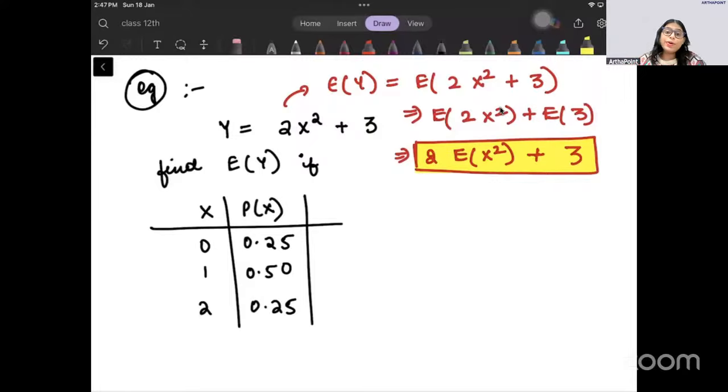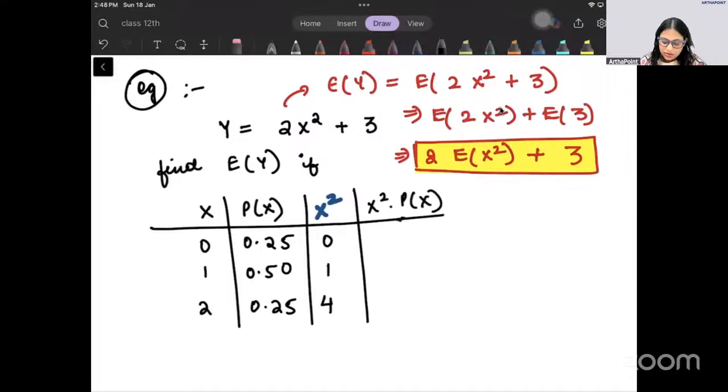Go ahead, try to answer this. So x square का expectation क्या होगा? So we find x square: 0, 1 and 2 का square will be 4. Now we multiply x square with px, because मुझे expectation of x square चाहिए, right? So it will be 0, this will be 0.50 and this will be 1.